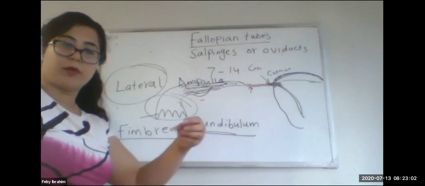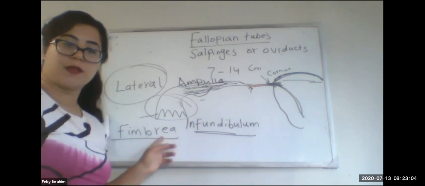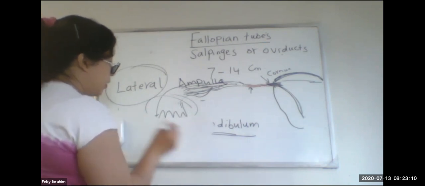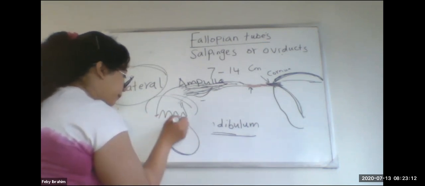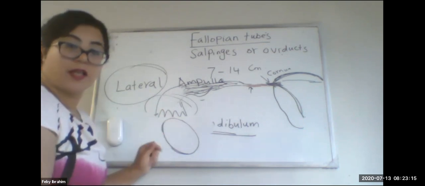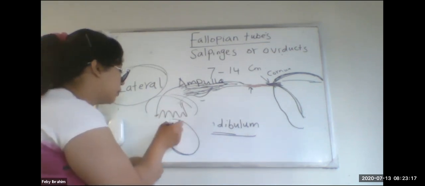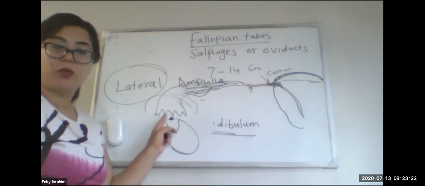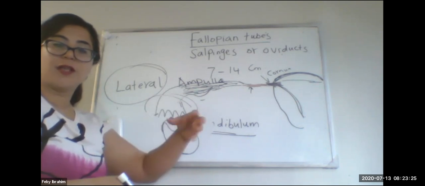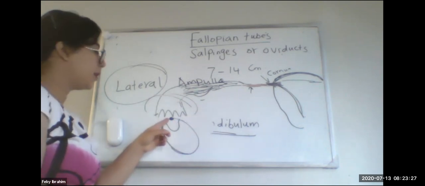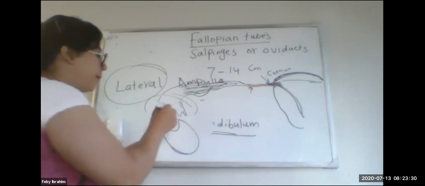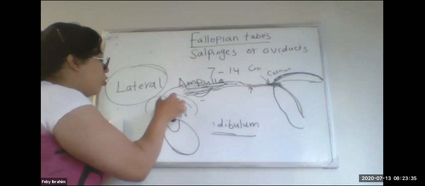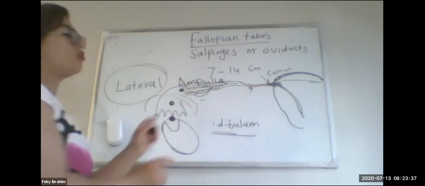What is the job of the finger-like projections, the fimbriae? Look here, this is like the ovary, and let's say ovulation occurs. The fimbriae will move over the ovary and direct the ovum, the egg, into the fallopian tube.